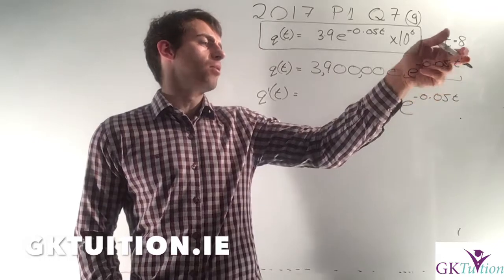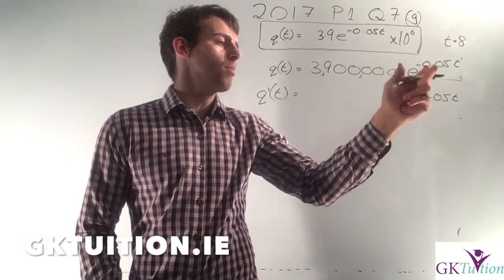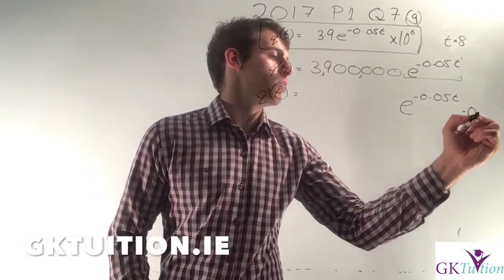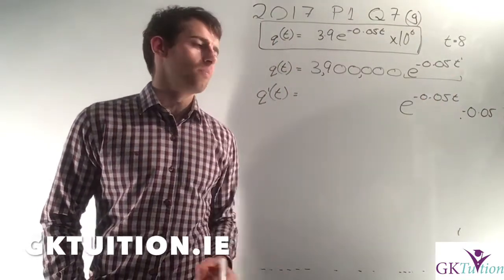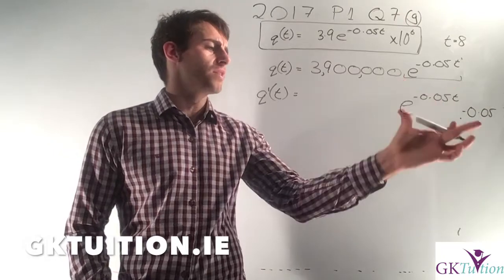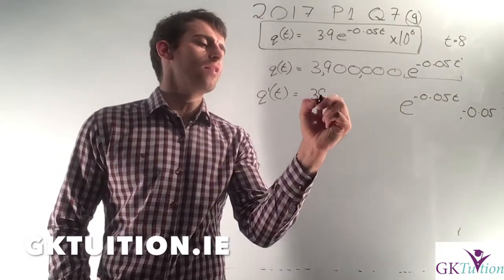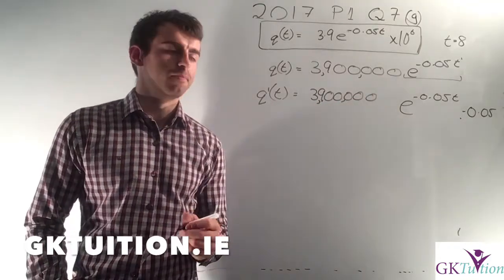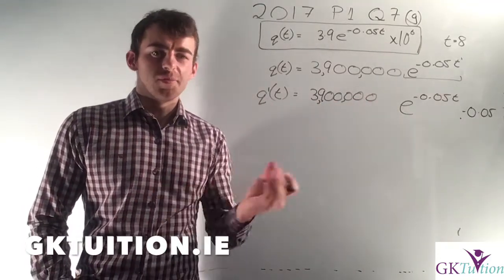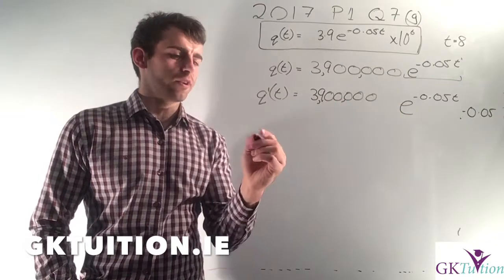So if you imagine the power of your t comes in front, so it's 1 by minus 0.05, which is minus 0.05, then the power of t decreases by 1 and it's gone. So the derivative of this is just this. And then I can just leave my 3,900,000 out here, because there's nothing that I can really do with that one. So that's my derivative, and to be honest, there's no point in simplifying any further.